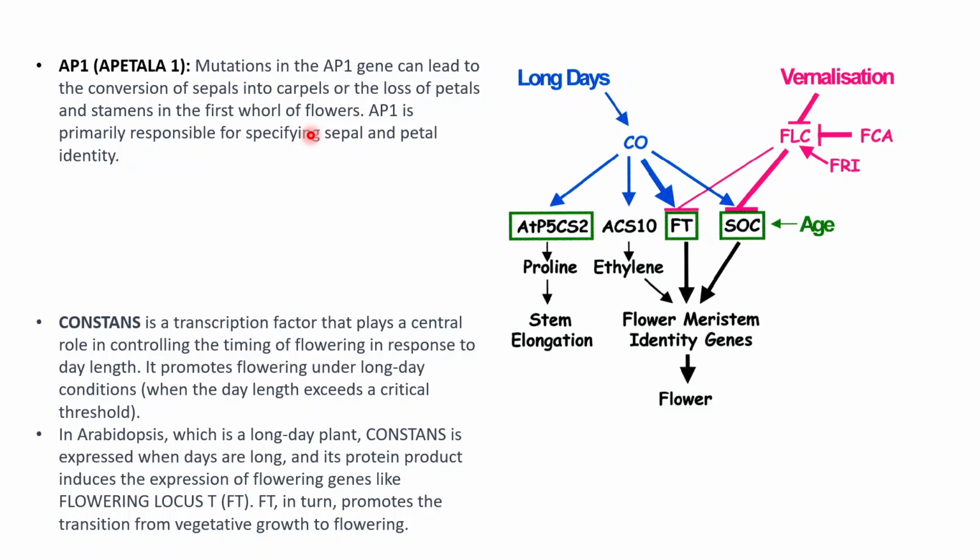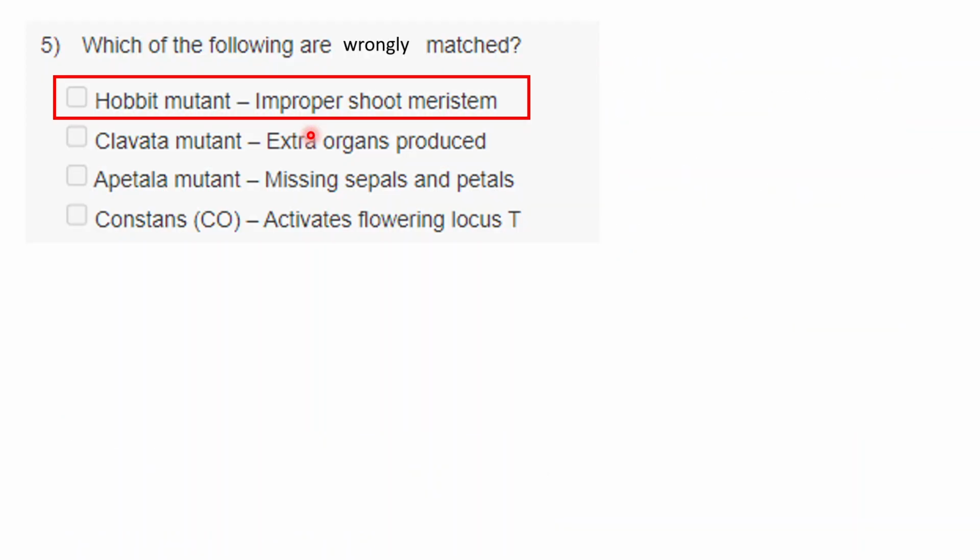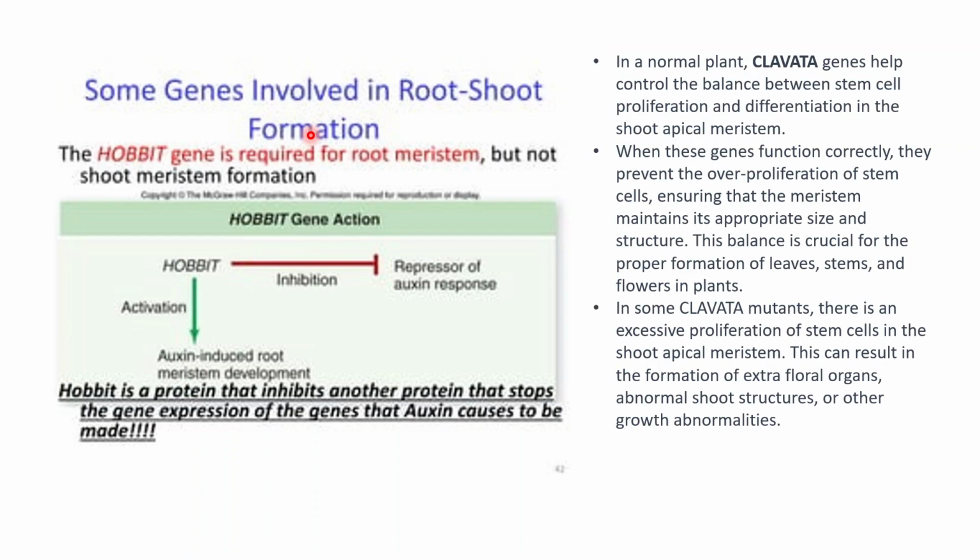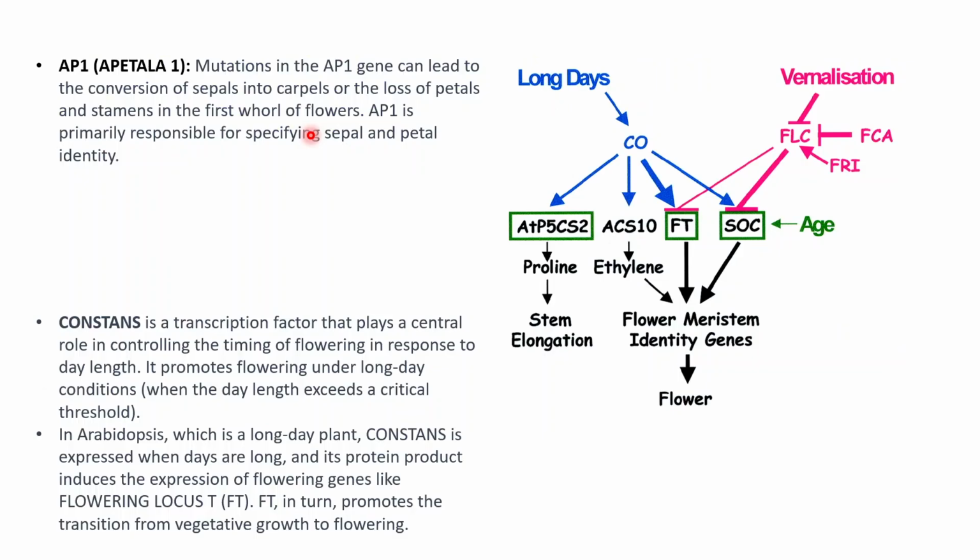AP1 is primarily responsible for specifying sepal and petal identity. So for now we learn that petal and sepal identity is by AP1. With a mutation in AP1, we can have missing sepals and petals.